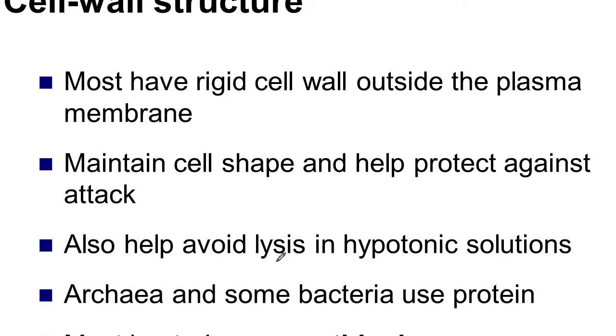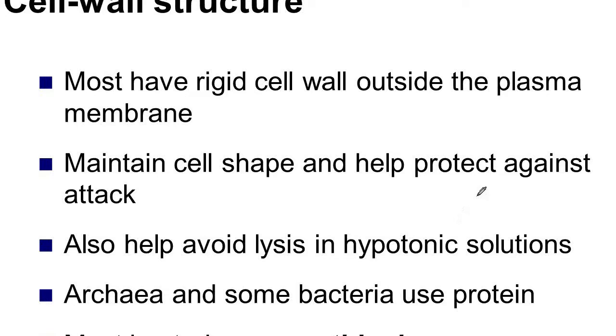Also helps the cells avoid lysis in hypotonic solutions. What does that mean? You remember? Well, first, lysis means to pop. So if we have cell lysis, the cell ruptures and basically pops, sort of explodes. Now, why would a hypotonic solution cause that to happen? Does anybody know? What would be an example of a hypotonic solution?